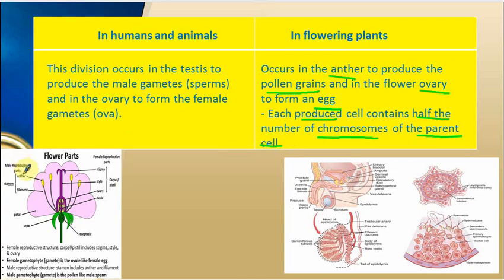So, for example, this is the anther, a reproductive organ that produces the male gamete, which is the pollen grain, and this is the ovary, which produces the ovum or egg, which is the female gamete. On the other side, we have the testis in humans and animals that produces sperm.